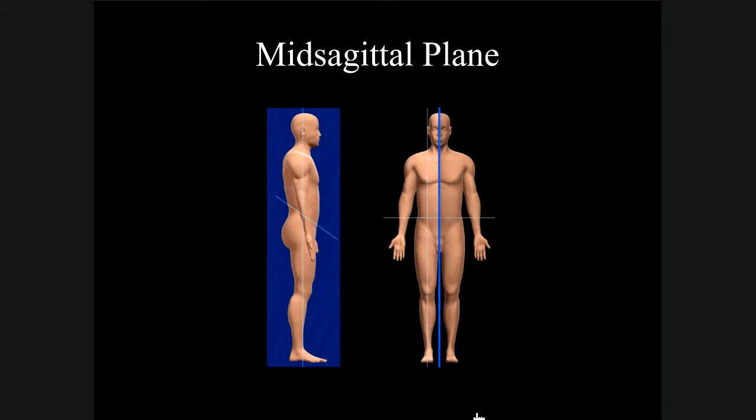Here is a mid-sagittal plane where we have a cut equal to the midline of the body, where we get a right half and a left half.